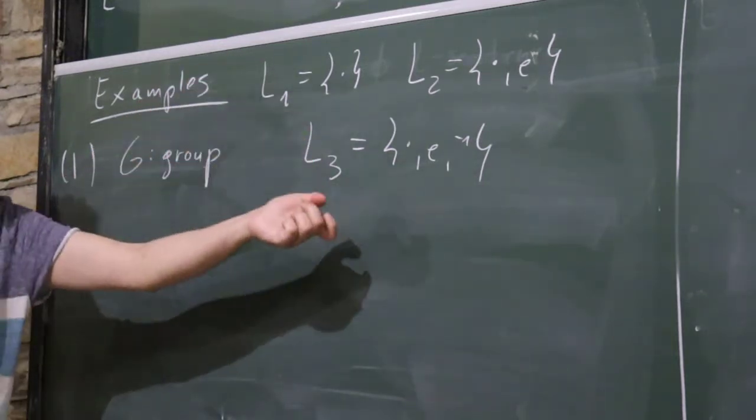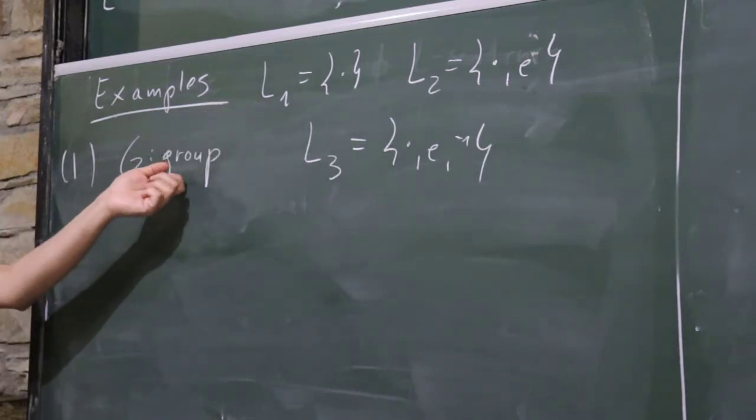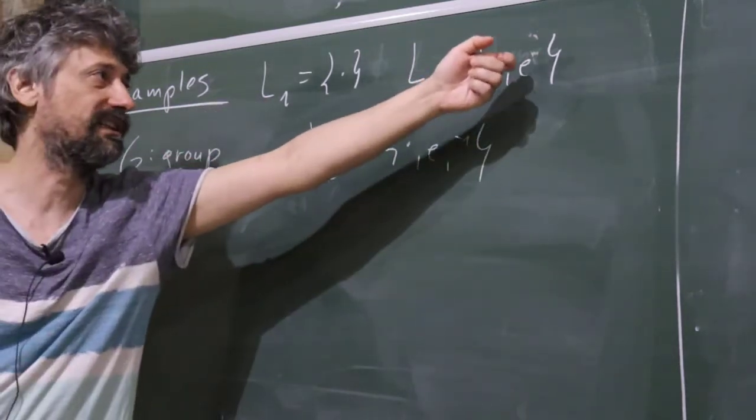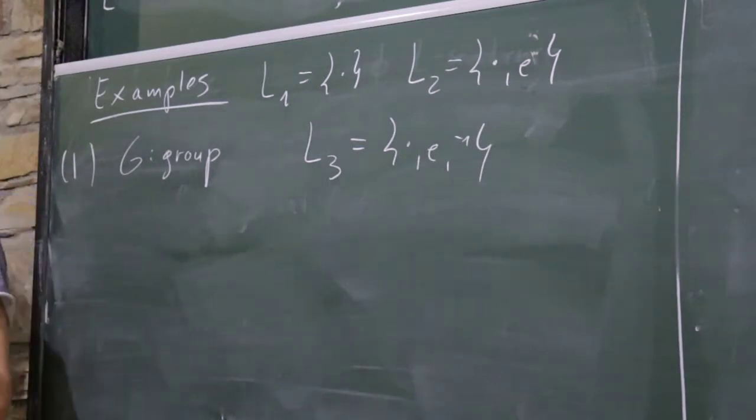So all is kind of the same. G is a group in all of these languages. And if it is a group, you can always define uniquely this and this, so not much difference, but the notion of substructure changes.